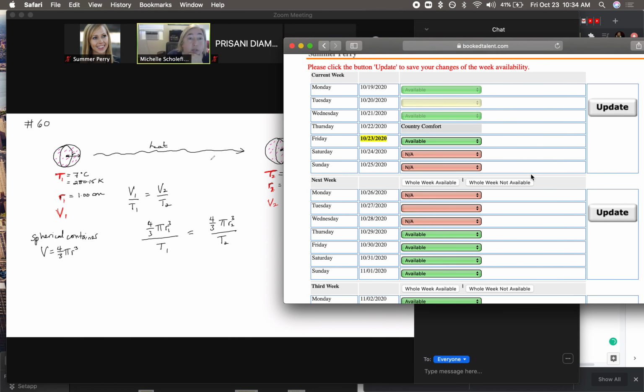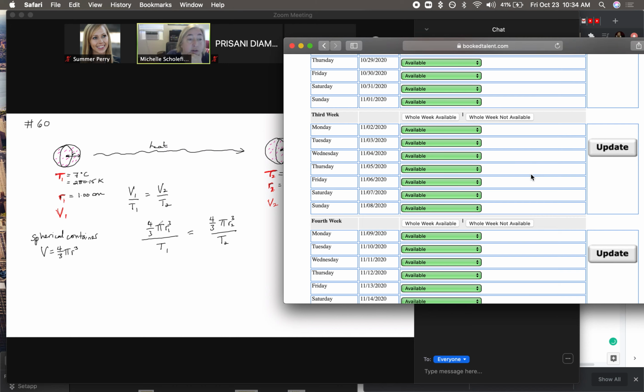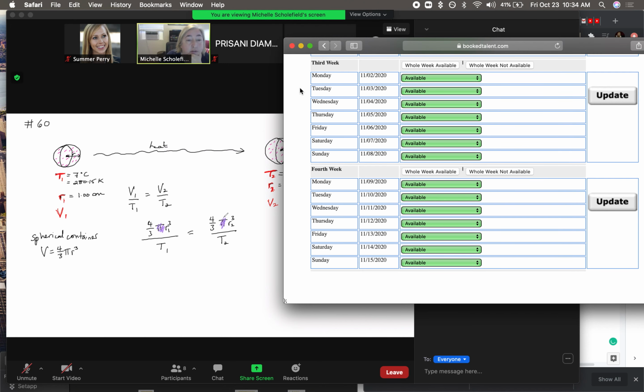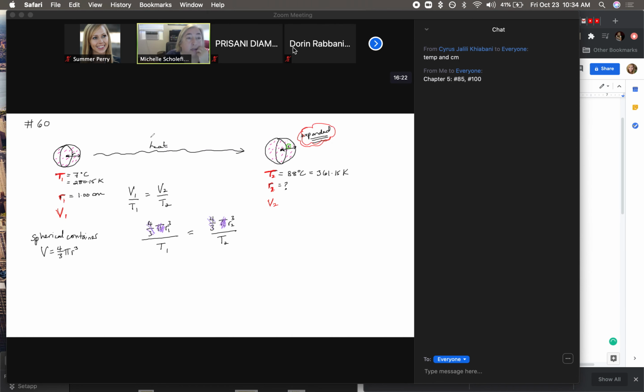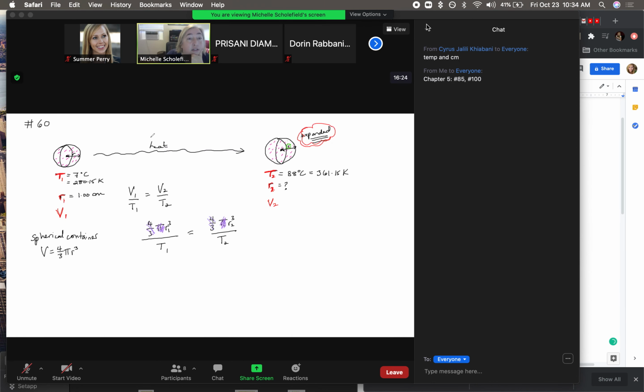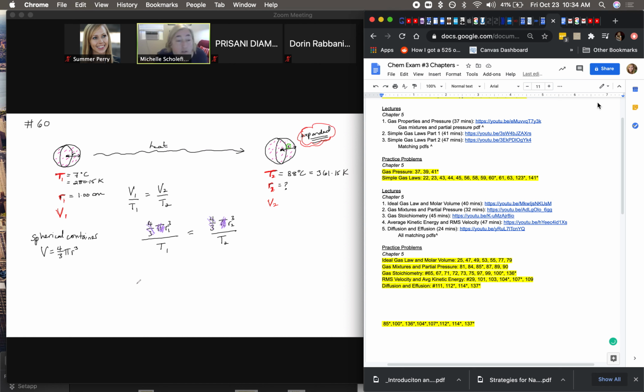And of course, this equation can be simplified. We can get rid of the pi on both sides. We can also get rid of the 4/3 on both sides, which means in the end we have a streamlined equation, which is simply R1 cubed over T1 equals R2 cubed over T2.